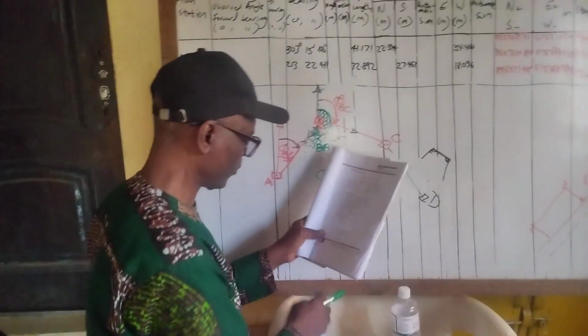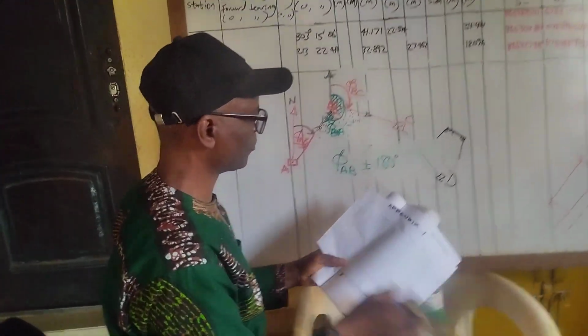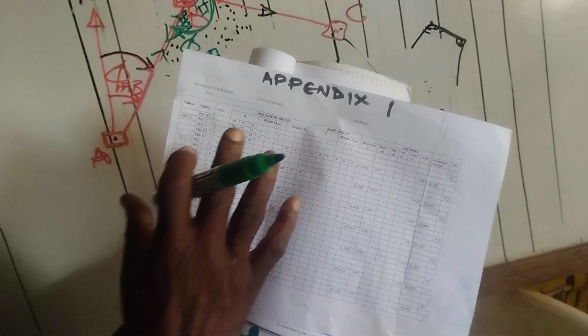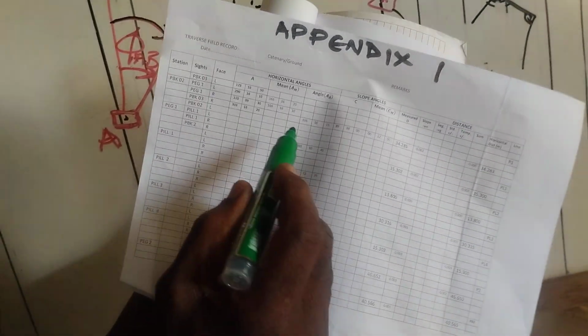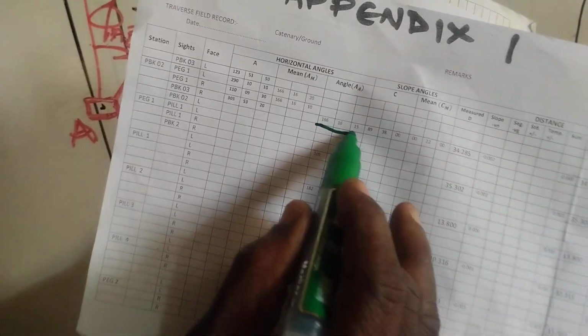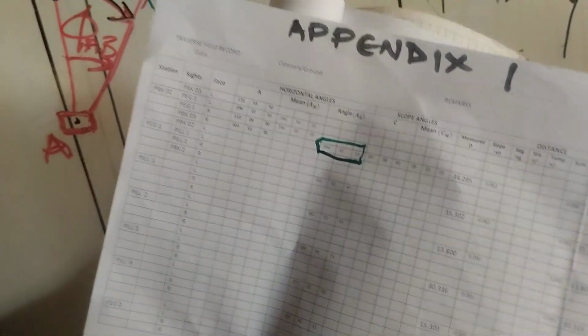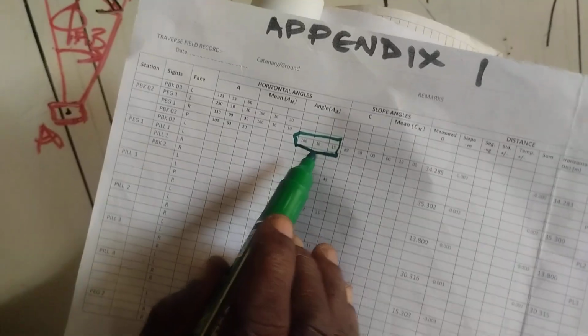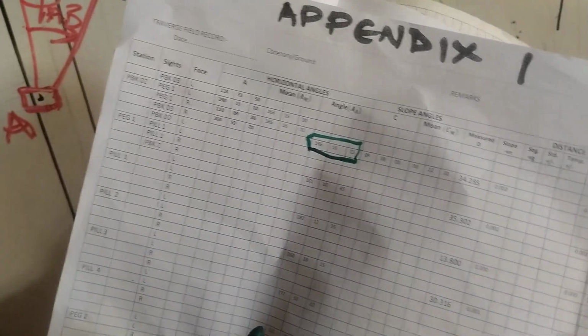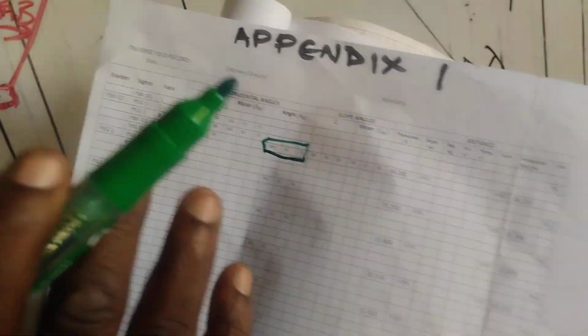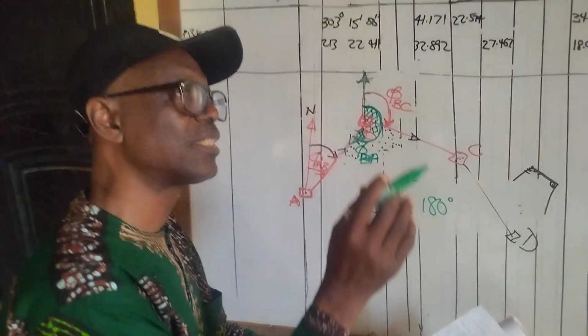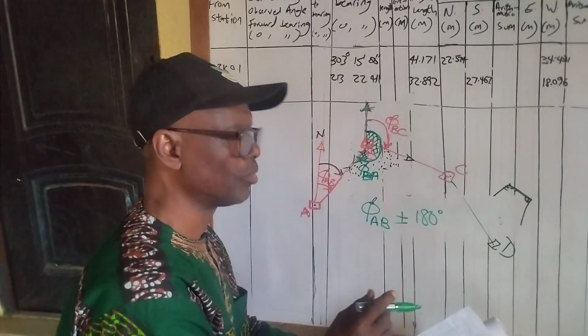Now the angle that was measured in the field, if you still remember, the angle that was transferred from this field sheet, the angle that was calculated, in this case 166 degrees 16 minutes 15 seconds, that is the horizontal angle, and it is called the clockwise external angle.